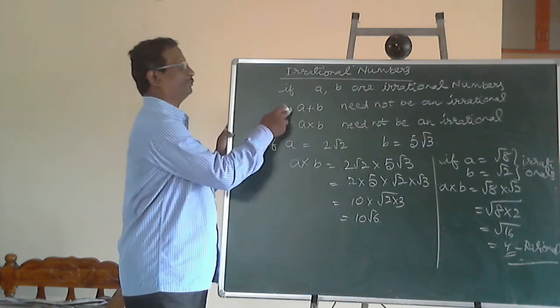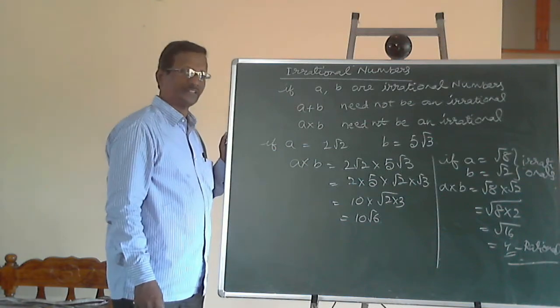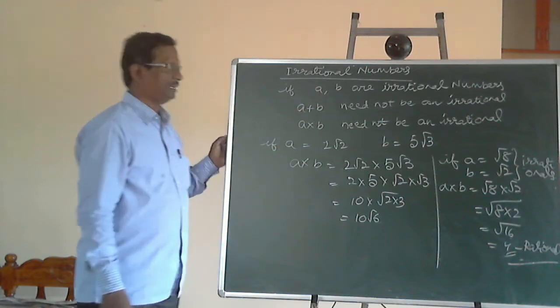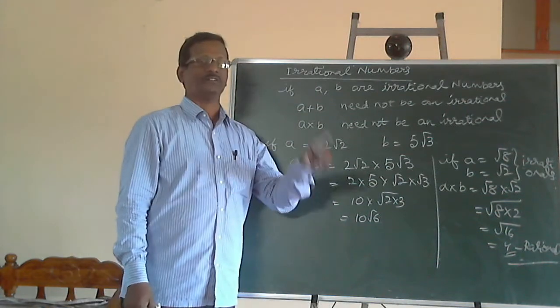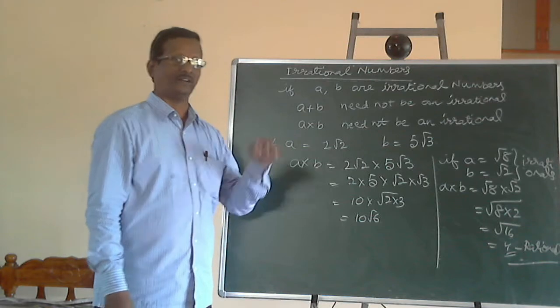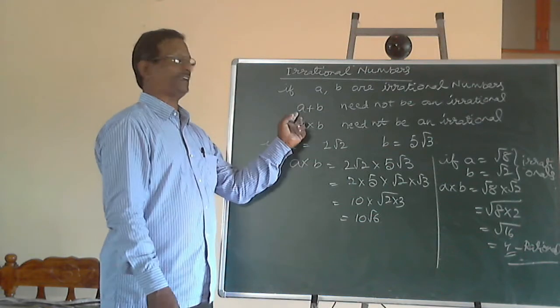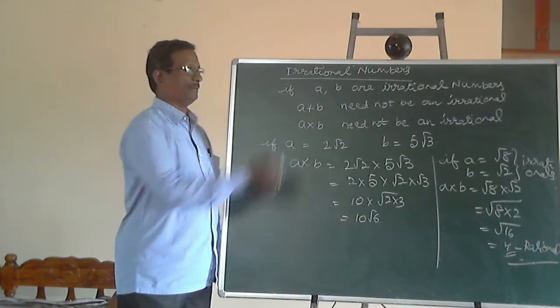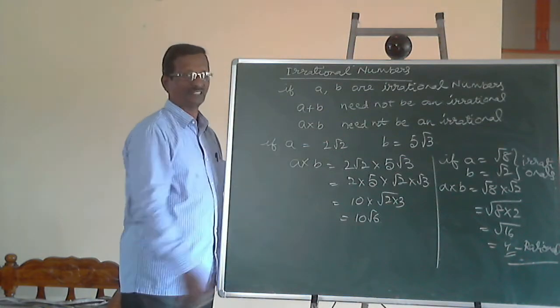When the sum of two irrationals is not necessarily irrational, the difference is also the same, because subtraction is part of addition. Subtraction cannot be considered as separate from addition. Similarly, division also can be considered as part of multiplication.